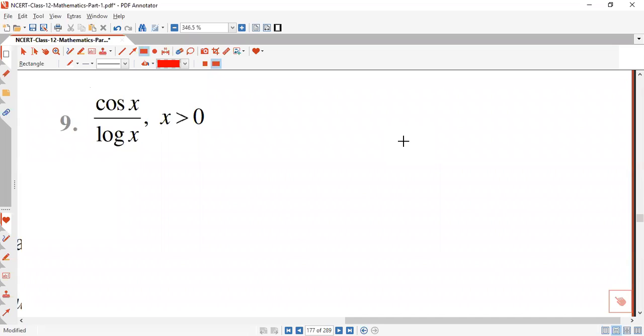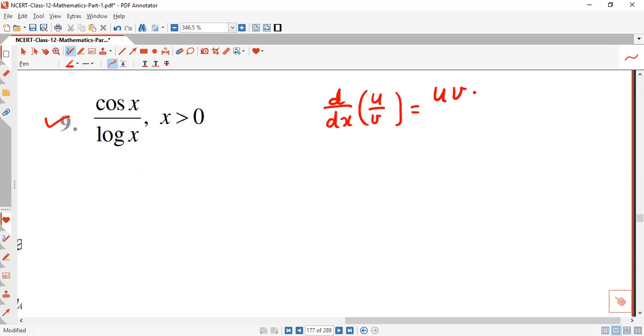Question number 9 says, we have to differentiate this function cos x upon log x. This is a quotient form, two functions, a rational function you can say. So I will apply here the quotient formula again. You remember the formula, dy dx of u by v will be u dash v minus u v dash upon v square. Apply this formula. What are we getting?